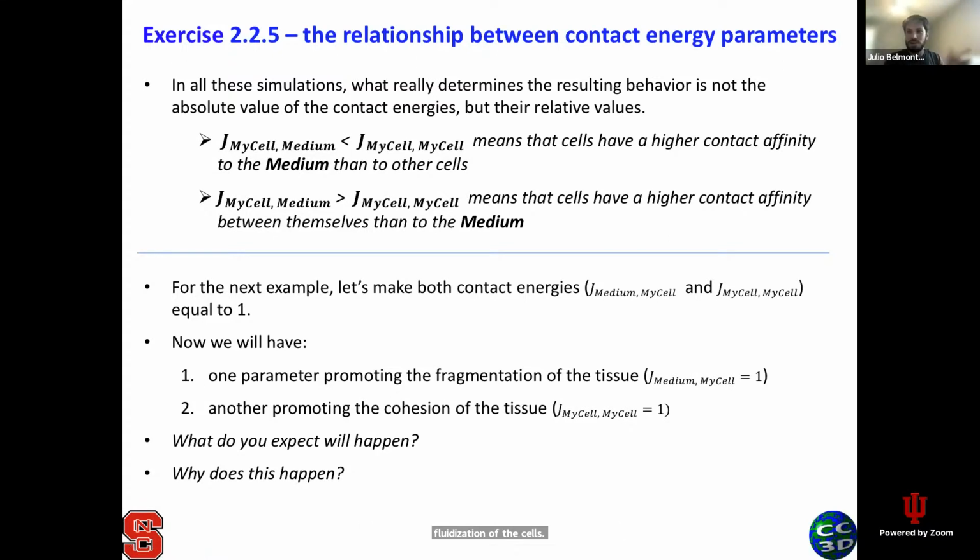So now, if you do the simulation with 1 and 1 here, what will happen? So now you have two things that seem to be competing between themselves. So I want you to think about what to expect to happen. So please write in the chat your expectations, then run the simulation and tell me what you see.